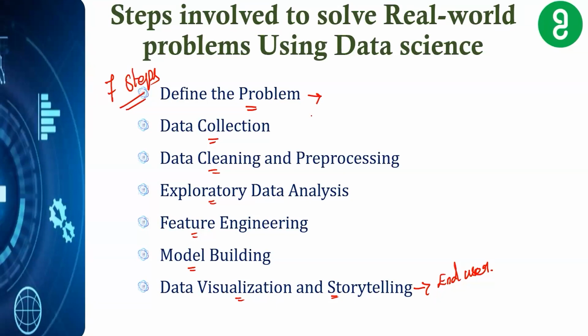That is your objective, right? So from the given problem statement or use case, read it carefully and understand what kind of solution I need. If you are able to identify that aspect, then that would be considered your objective.